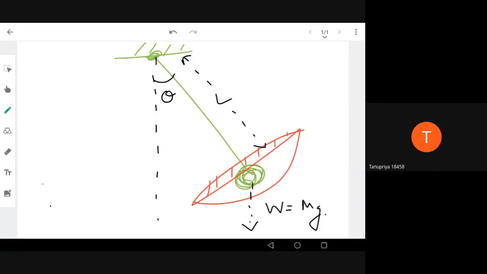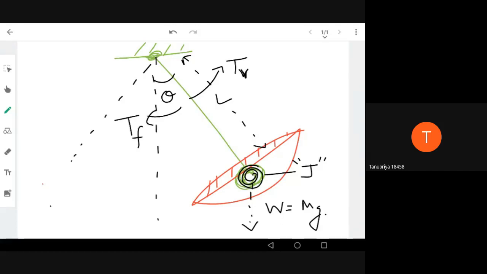As the pendulum goes to and fro, there will be some J, which I think is the moment of inertia, so we have to calculate it. There will be some torque TR in the mechanical domain, and an opposite torque TF, which balances it.